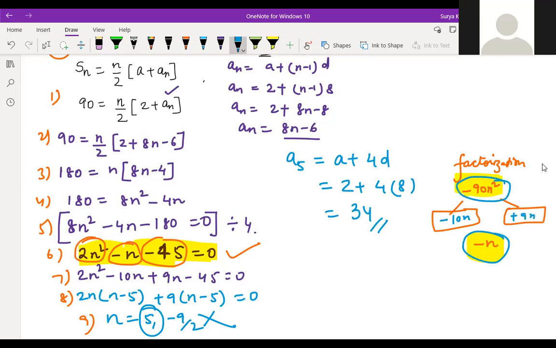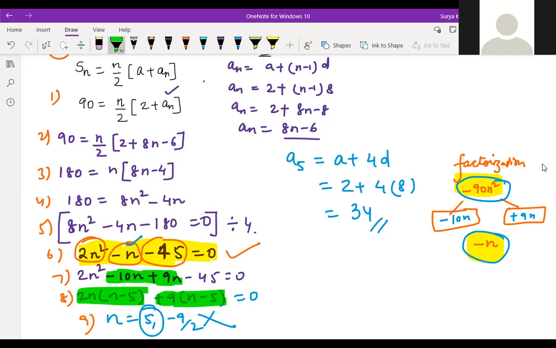Then only you can get the product as -90 and the sum as -n. Is it clear? Yes, sir. So instead of -n, we are putting here -10n and +9n. Then we take common, 2n is common. So in the bracket, we can write (n - 5). Second part, 9 is common. Again (n - 5) is coming.